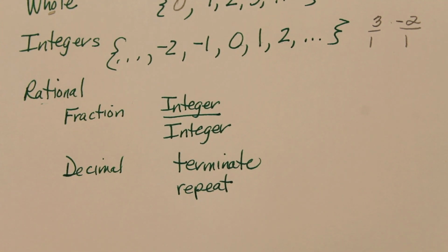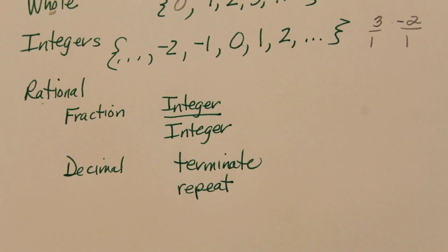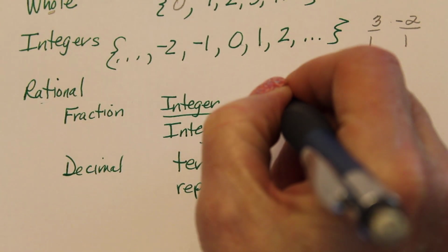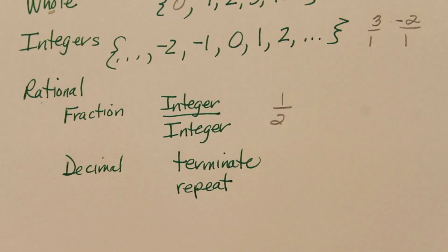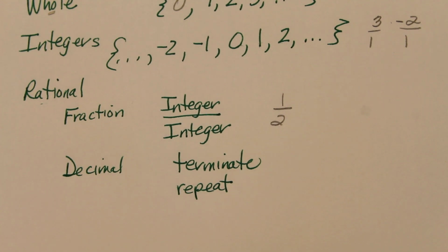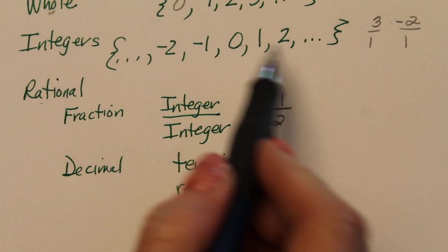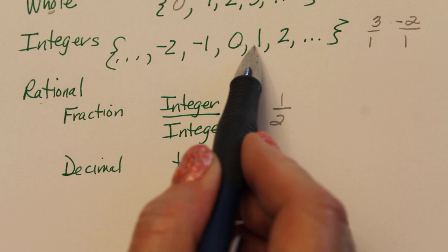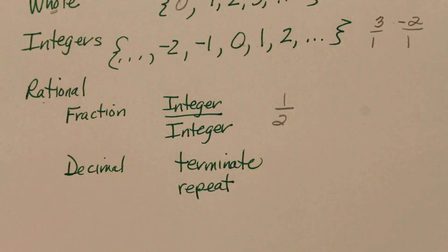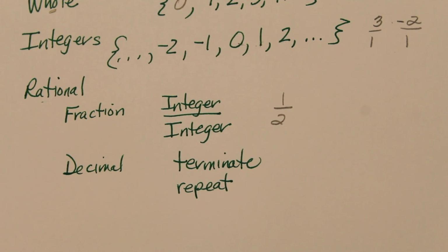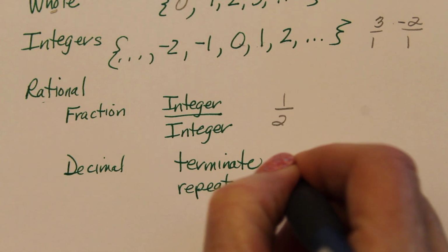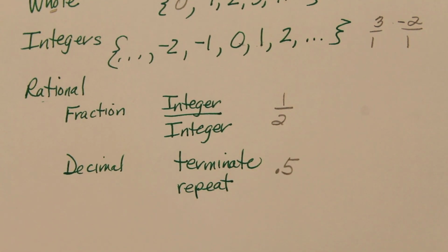So let's look at some examples of rational numbers, like the number 1/2. 1/2 is a rational number. If we were to put it on a number line, it would be between 0 and 1. But if it's represented as a fraction, the integer 1 is over the integer 2. But if we were to write that as a decimal, that would be 0.5. That would terminate.